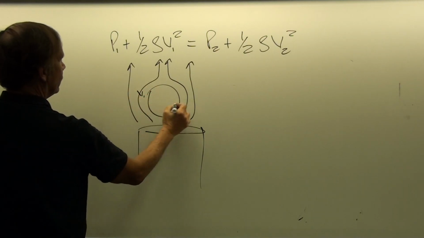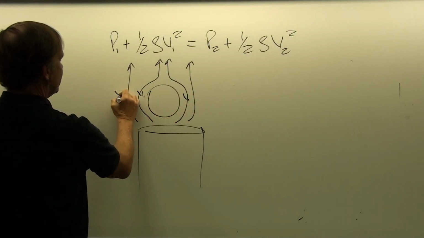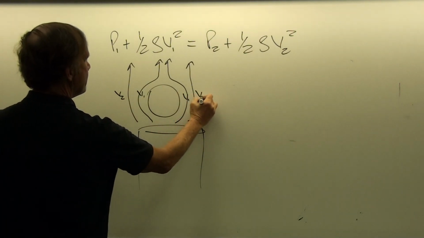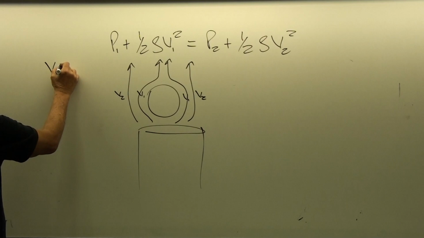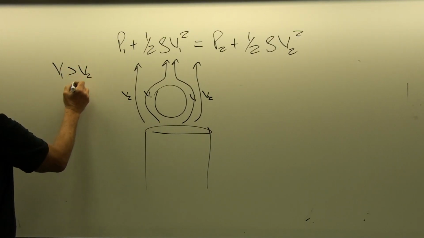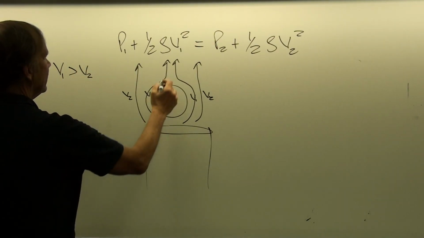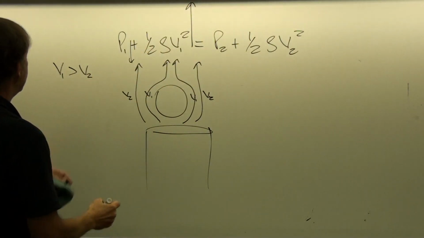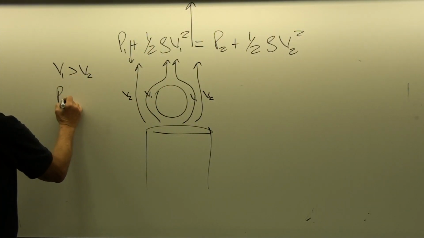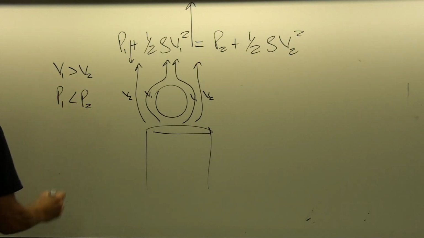So if we call this V1 in here and this V2 out there, then if, like in the last example, V1 is greater than V2, then in this equation that means that P1 has to be less than P2. Right?